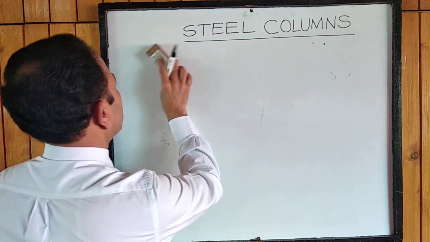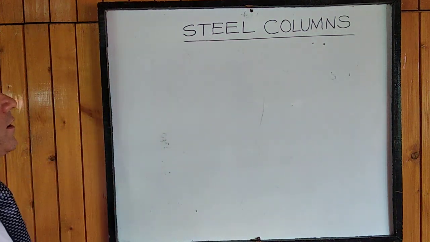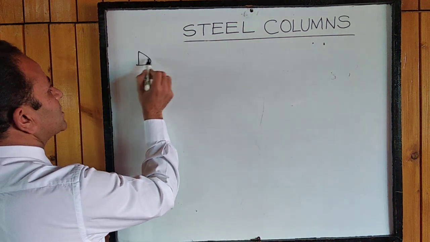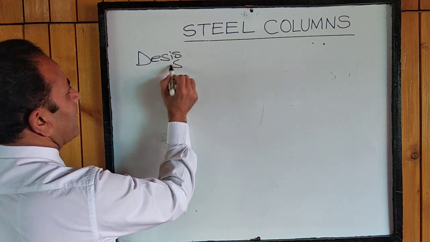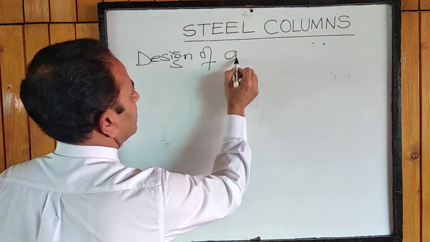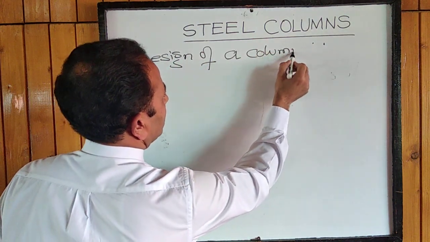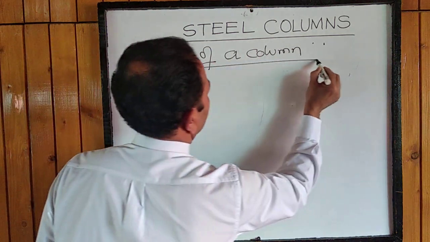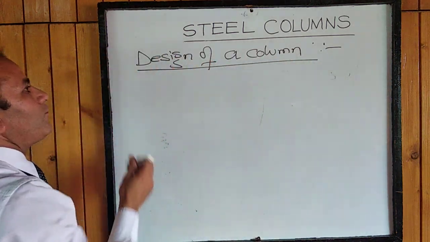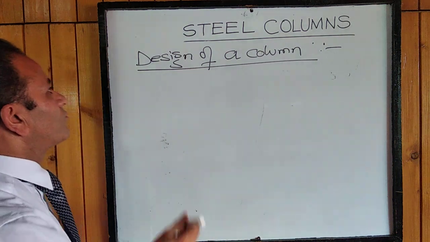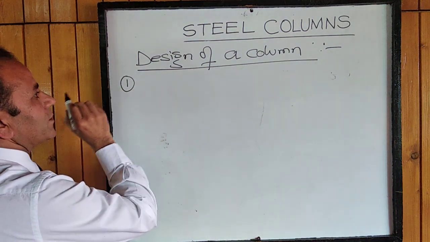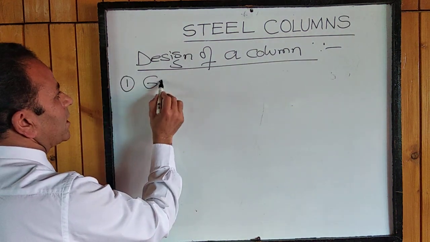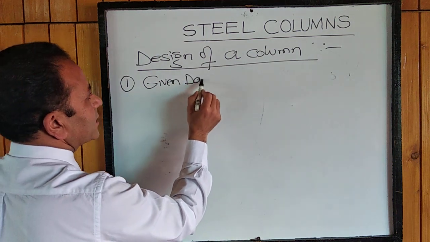Okay, then we see the design steps of the column. Design of a column. Now, if load is given and we have to design the column, which steps do we follow? First of all, again, we will have to analyze the data given.